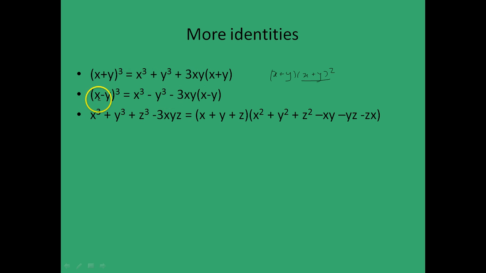Similarly, x minus y whole cube is equal to x cube minus y cube minus 3xy into (x minus y), and x cube plus y cube plus z cube minus 3xyz is equal to (x plus y plus z) into (x square plus y square plus z square minus xy minus yz minus zx). Now these three identities are also very useful and will come in handy when we are doing polynomials or other mathematical computations.